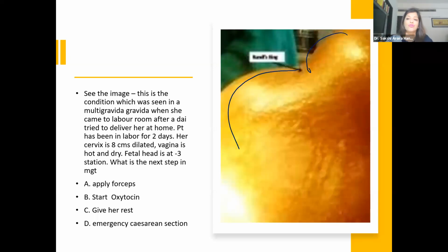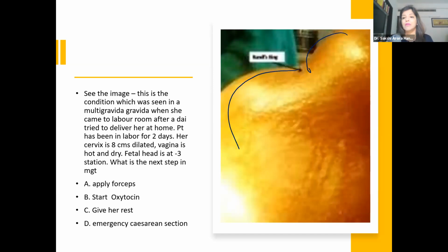So I was talking to you about obstructed labor. Please remember that in obstructed labor, there is a very, very important feature which you have to remember, and that is the presence of a Bandel's ring. So during pregnancy, from the third trimester onwards, there is a very big distinction between the upper uterine segment and lower uterine segment.